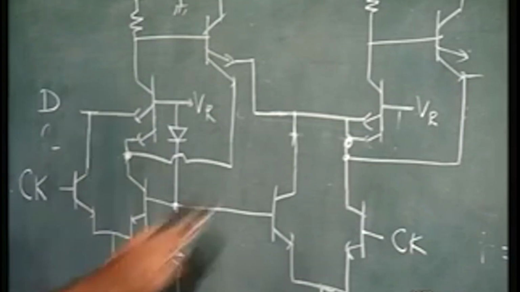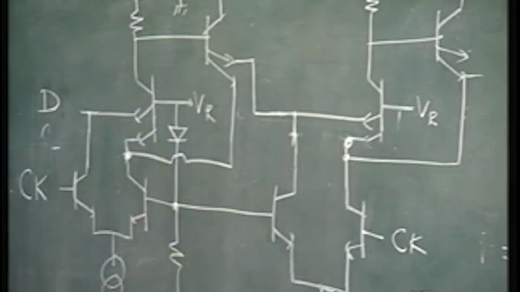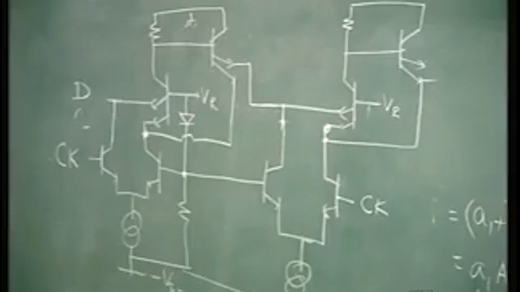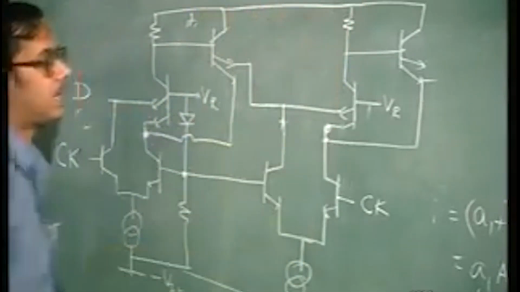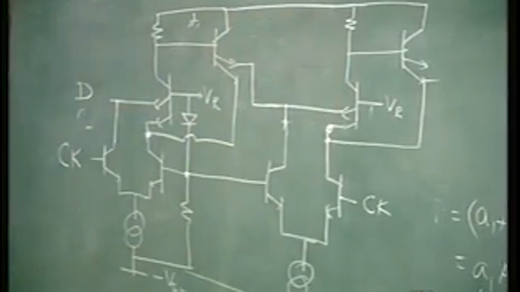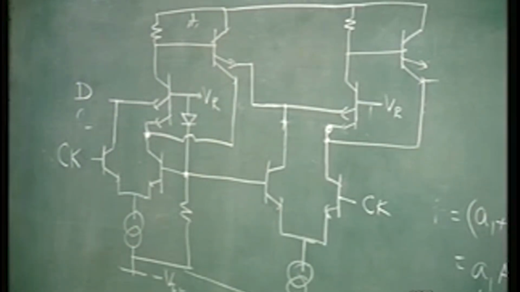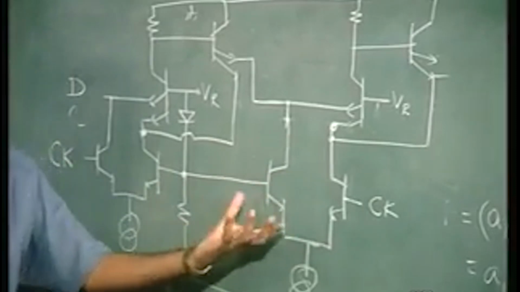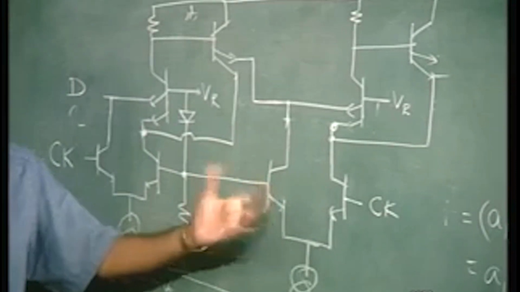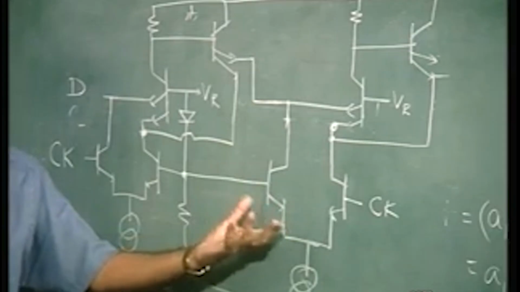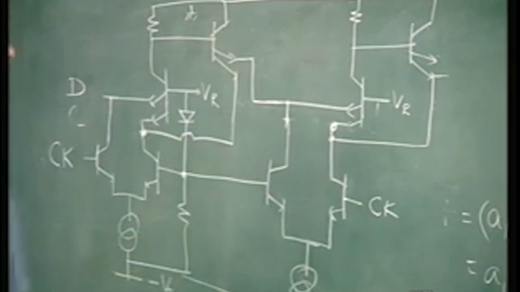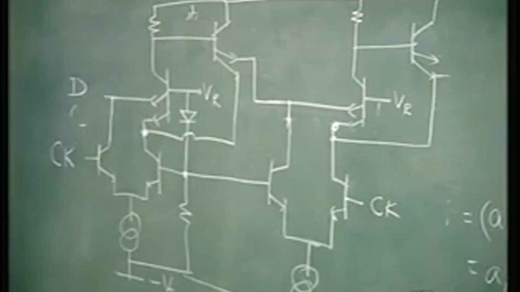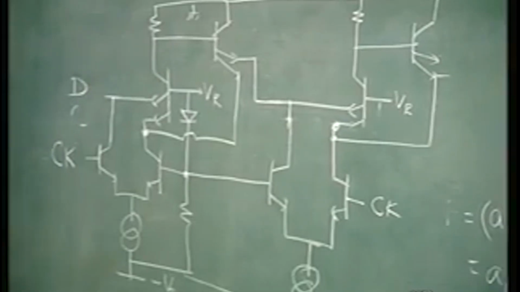So this completes the circuit for a master slave D flip flop. You have two stages, and the difference between the two stages is that only in the second stage, the position of the clock and the reference voltage is reversed. So this is the circuit of a master slave D flip flop.